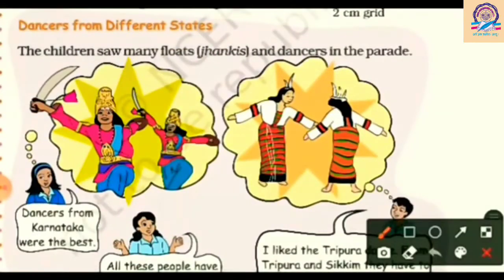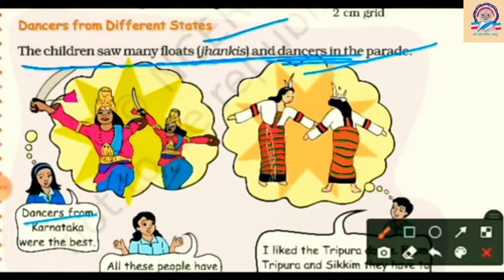Let's move further. Dancers from different states. The children who are enjoying the parade have seen many floats or jhankis and dancers in the parade, and they are discussing something. One says dancers from Karnataka were the best.